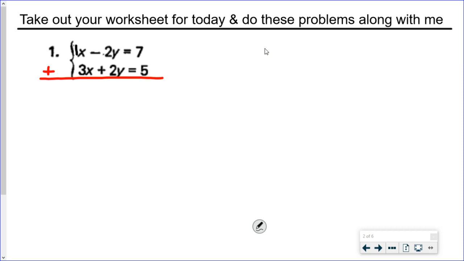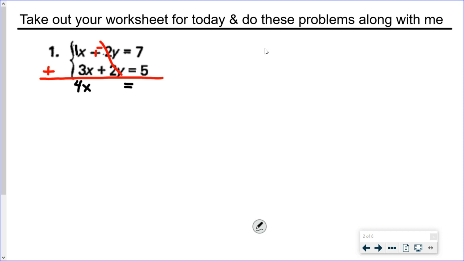So if I have 1x plus 3x's, I get 4x's. Okay, now I want you to look, what is a negative 2y plus a positive 2y? Well, those eliminate because they get 0. And then the equal sign is still right there.